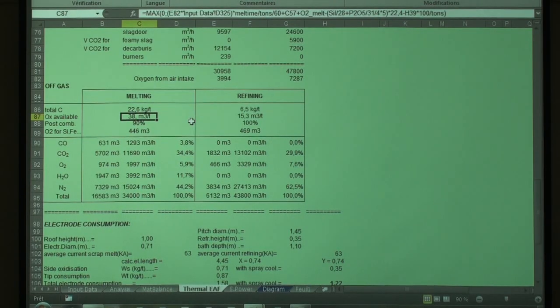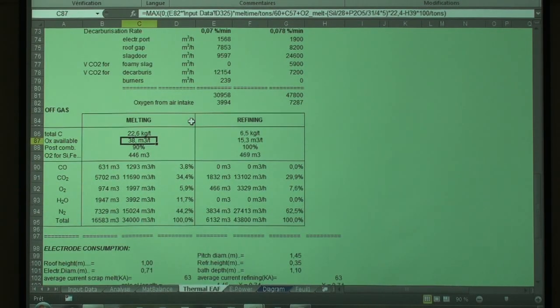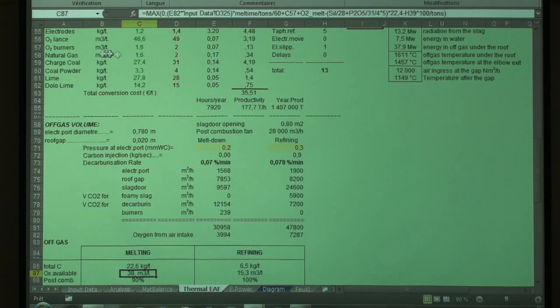So that gives me the oxygen I have. So I have the air ingress plus C57, the oxygen from the burners.